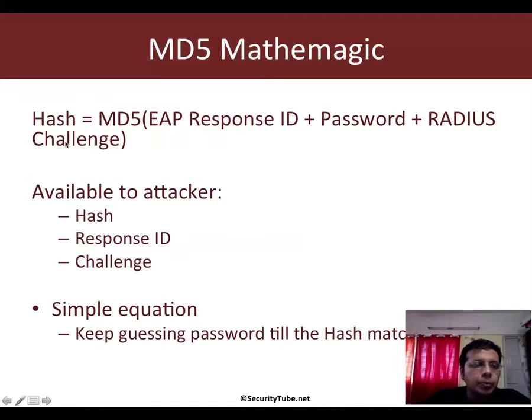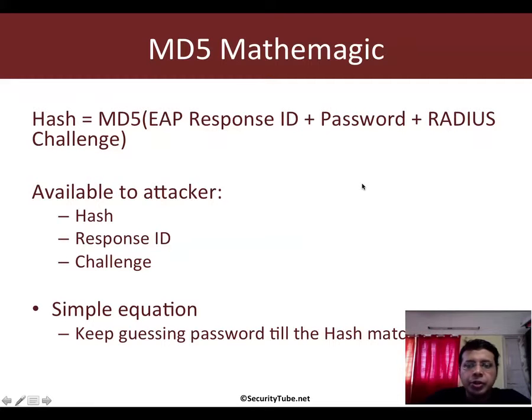So if you look at this equation, what are the things available to the attacker by sniffing the air? To begin with, he knows the hash because this is the response of the client sent to the Radius server. He knows the response ID as well because he can sniff it off the packet, which is plain text. And finally, he can also know the challenge which was initially sent by the Radius server. So he has the hash, the response ID, and the challenge.